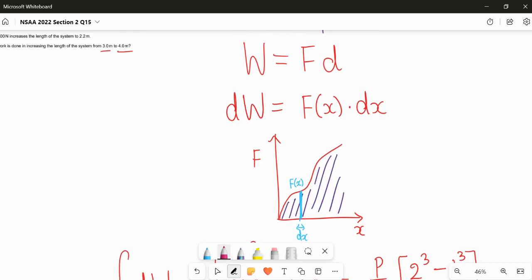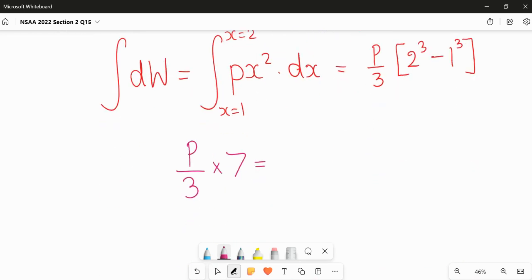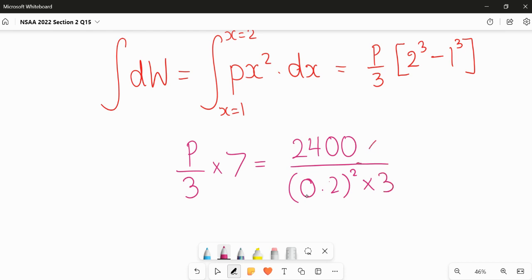So notice I haven't actually worked out what p is yet, because I know if I substitute now, I should get some cancellations. This is a common trick in the NSAA. So I'll use 2,400 over 0.2 squared times that 3 that we already have there, times 7.